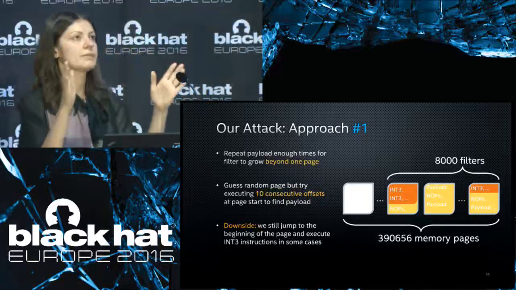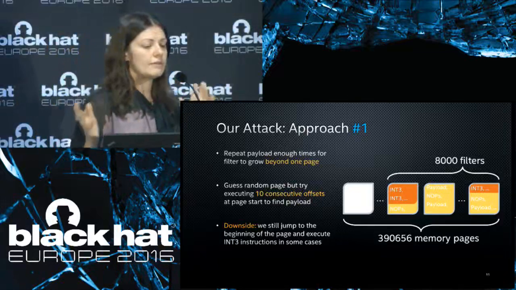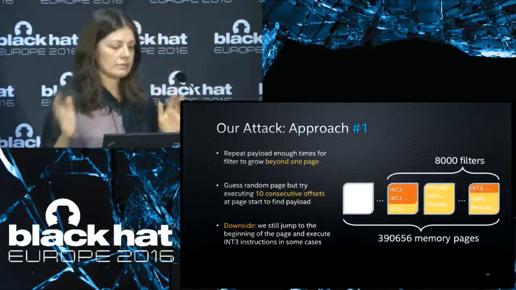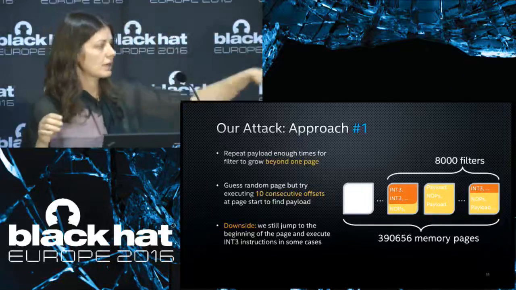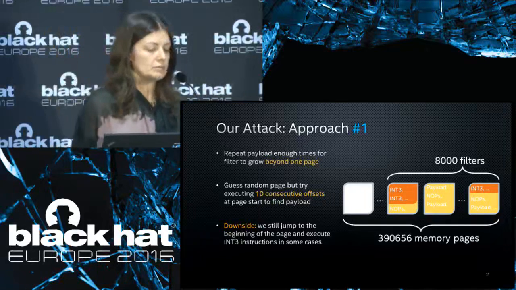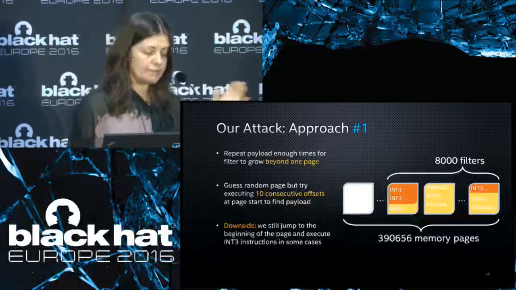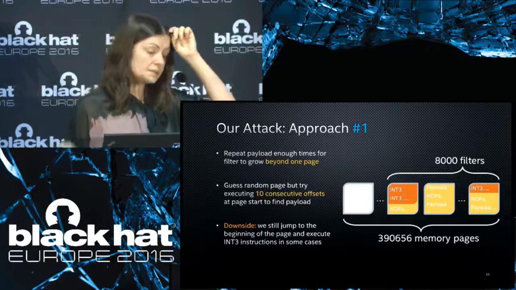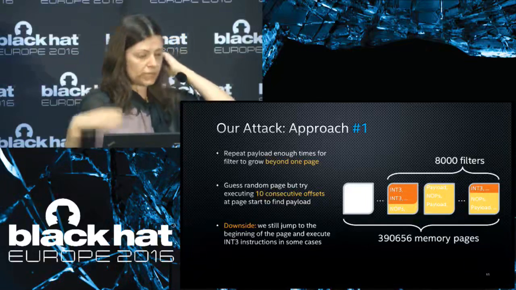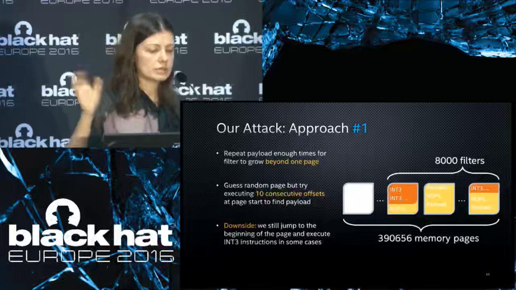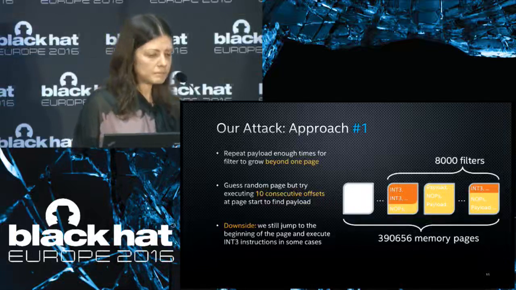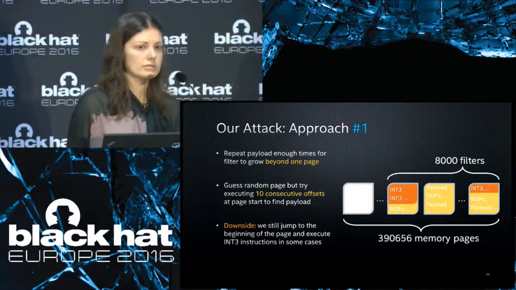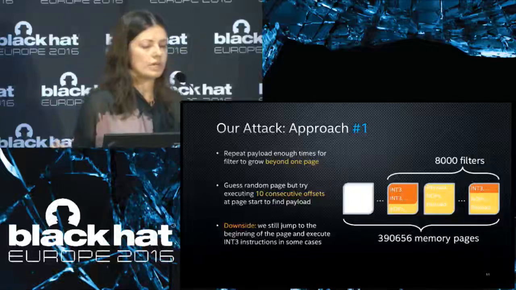If you take a filter program which is less than two pages, in at least half of the cases it starts from the beginning. With your payload, alignments and nops, you can play with it and get better or worse results, but you can pretty safely execute from the beginning of a page. So this is what we tried first. We guessed a random page similarly, but tried to execute at some offsets in the beginning. You can find details, and it started to actually work.